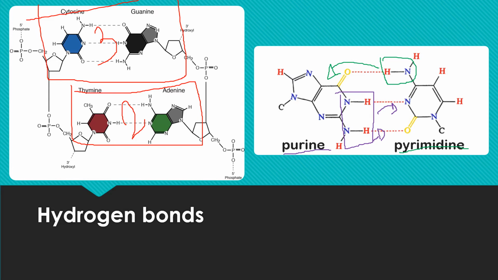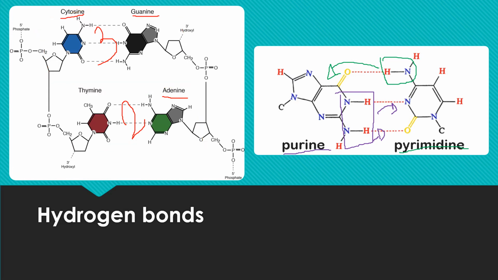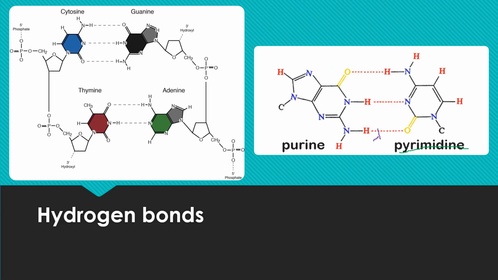In the DNA structure, cytosine always joins with guanine, and thymine always joins with adenine, because if a mistake occurs, it is going to be called a mutation. We're going to talk about mutation later, but it's important to understand that we always pair cytosine with guanine and thymine with adenine, always.